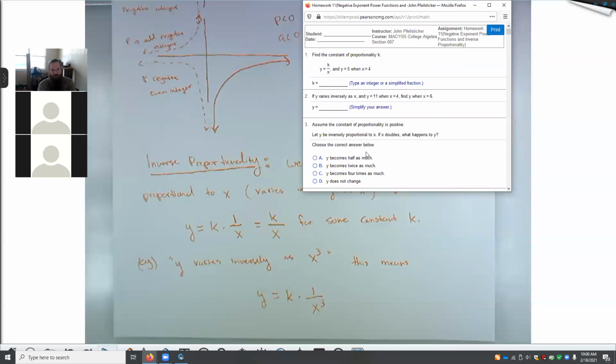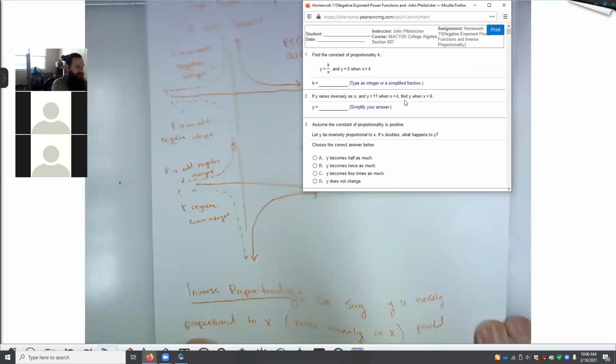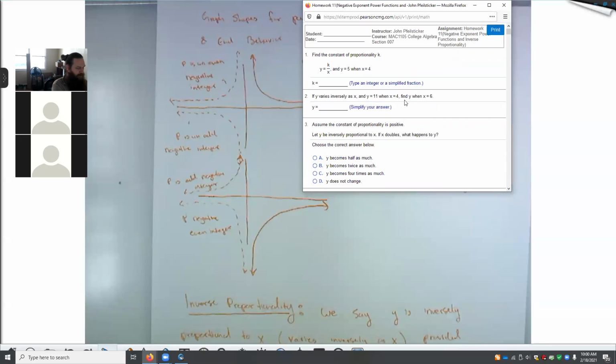All right. So number 2 here says y varies inversely as x, and y is 11 when x is equal to 4. So homework 11, problem 2.